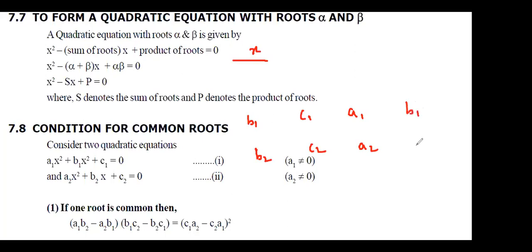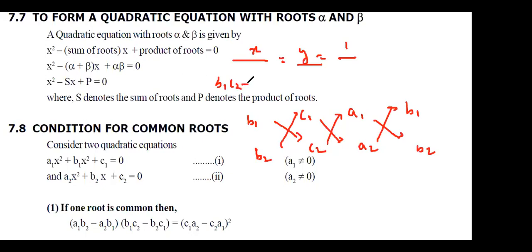Then b1, b2. This is b1 c2 minus c1 b2. Yes or no? Then c1 a2 minus a1 c2. Then 1 divided by a1 b2 minus a2 b1. So this is a shortcut one.